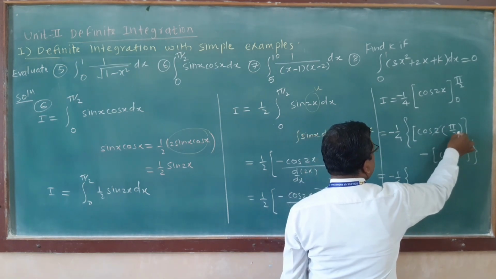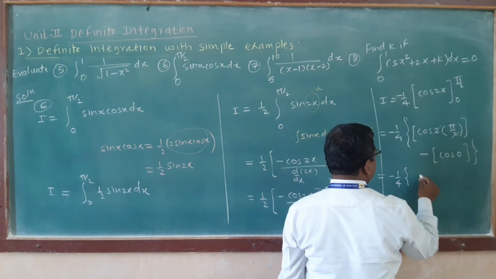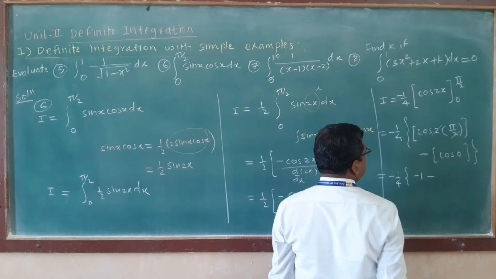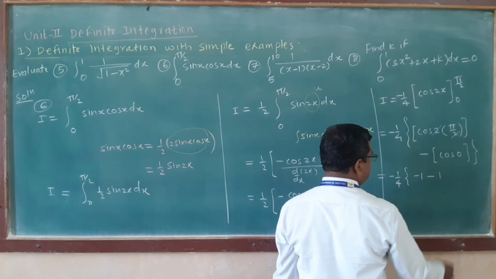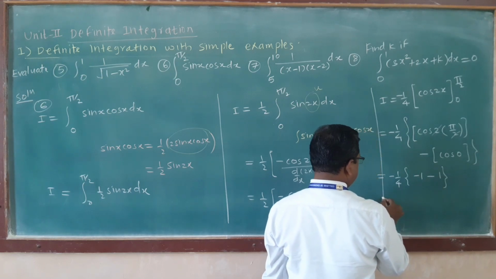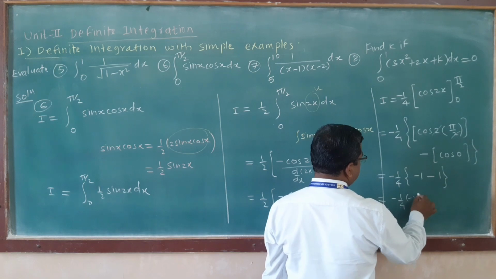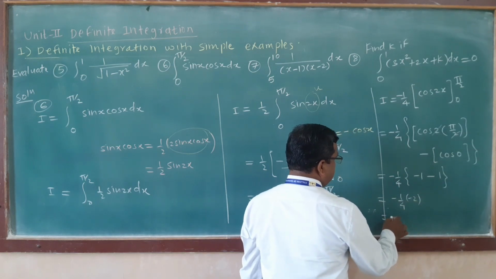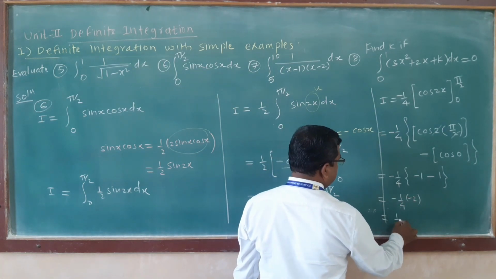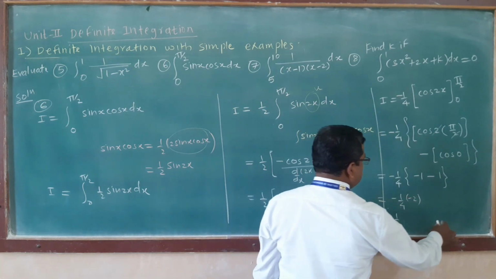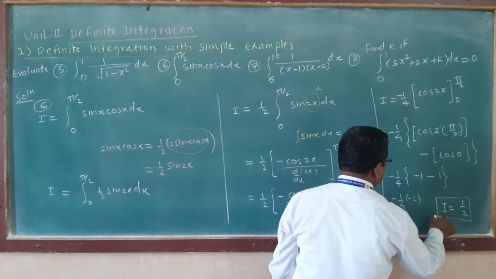This 2 will get cancelled, cos pi, and cos pi value is minus 1, minus this is cos 0, which is 1. So, which is equal to minus 1 by 4, minus 1, this is minus 2. So, this minus will get plus, and 2 upon 4 is 1 upon 2. So, finally, we get I is equal to 1 upon 2.